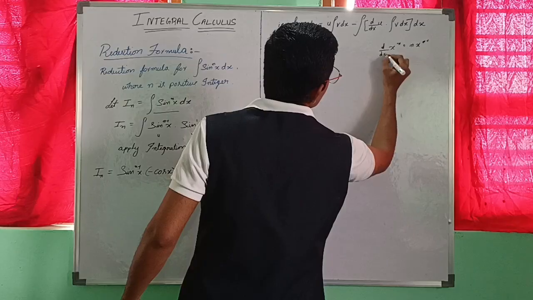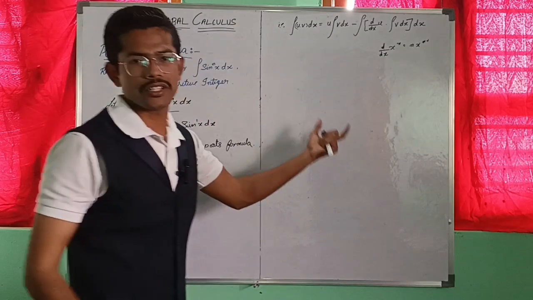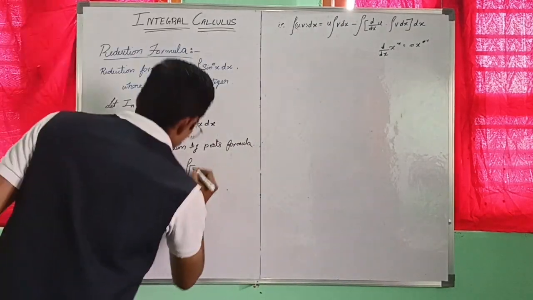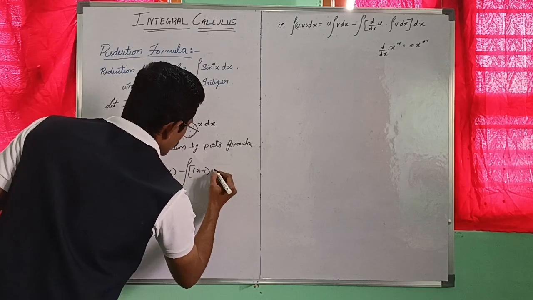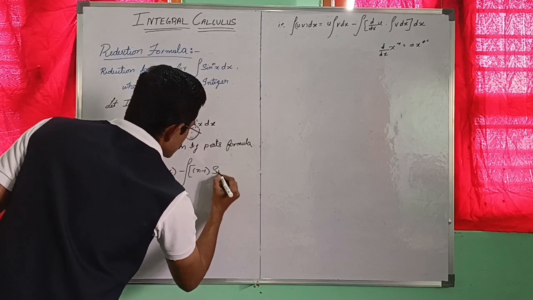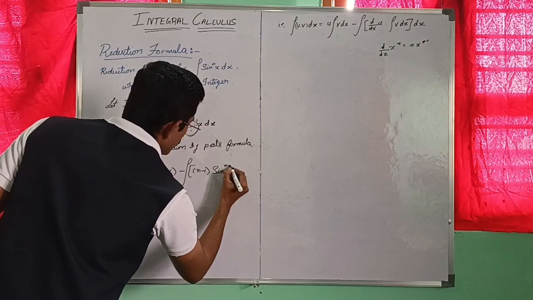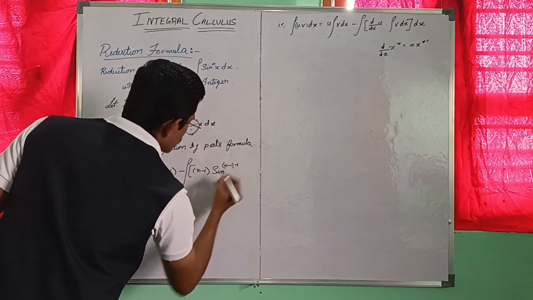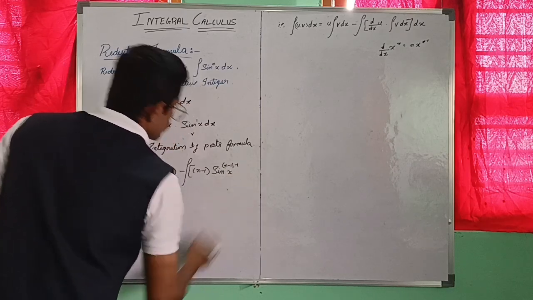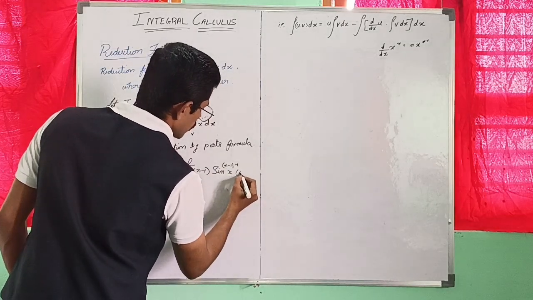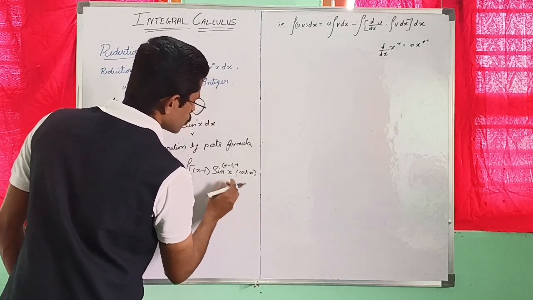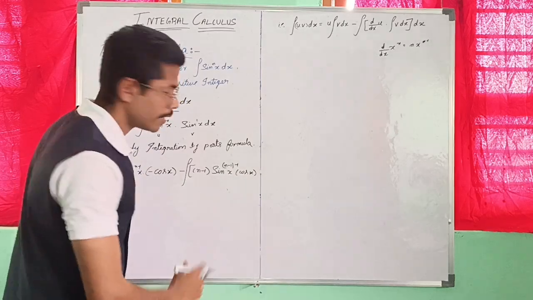So here we get n minus 1 into sine power n minus 1 minus 1 x, and by the chain rule, the differentiation of sin x is cos x.